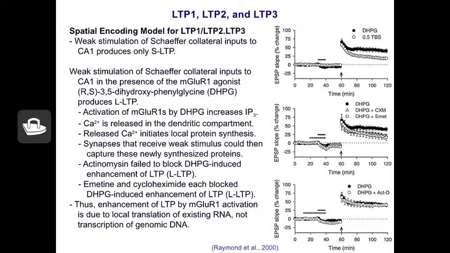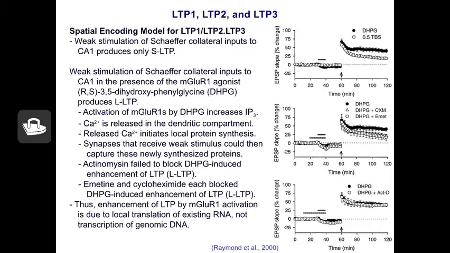On the other hand, if the effect of DHPG was due to mGluR1 induction only of local existing mRNA translation, then actinomycin should have no effect, but the protein synthesis inhibitors, the translational inhibitors, emetine and cyclohexamide, should each block the effect.